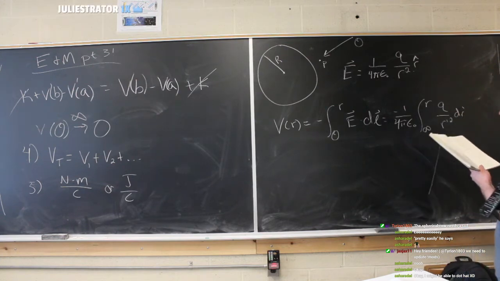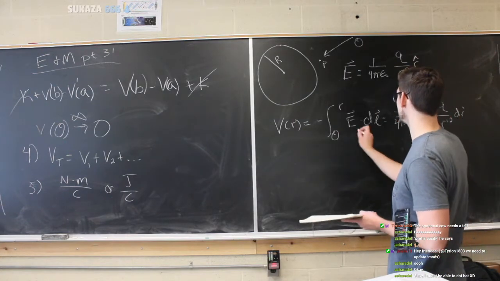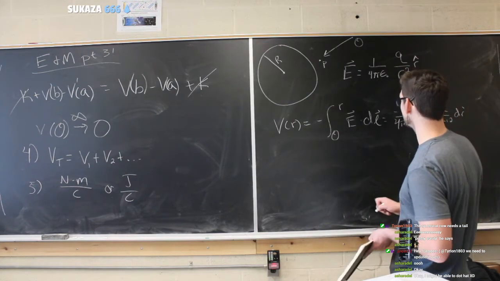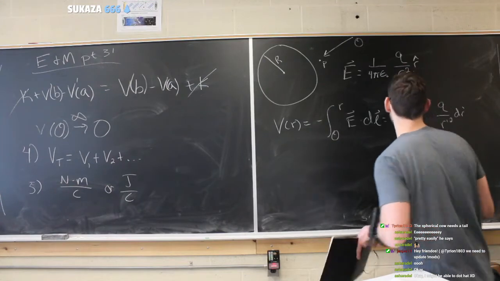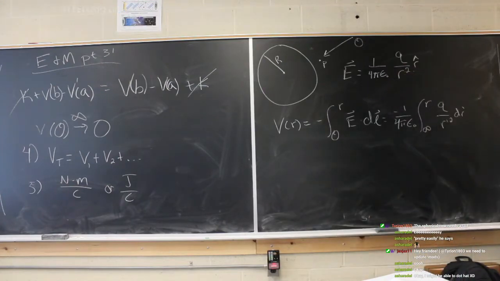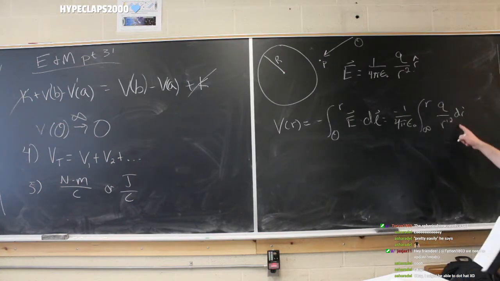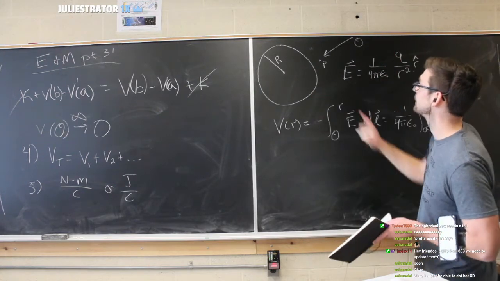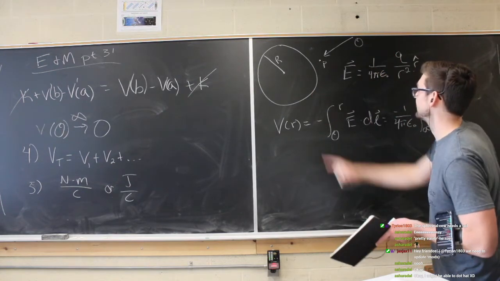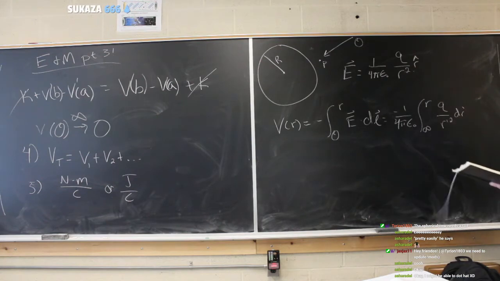Because I know what E dot dl is, we'll do this dot product a little bit later, but I should remind you, we did it last time as well. This E dot dl is going to get rid of all of the other terms except the radius, because it's parallel with the radius, and that's the only thing that will survive, okay?